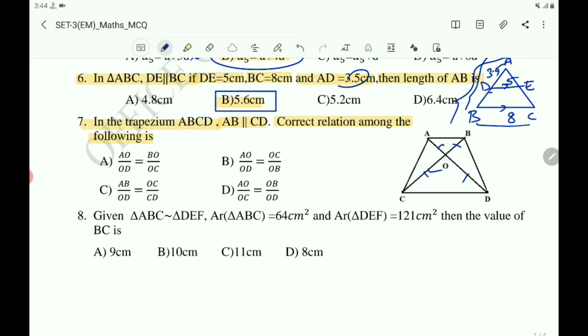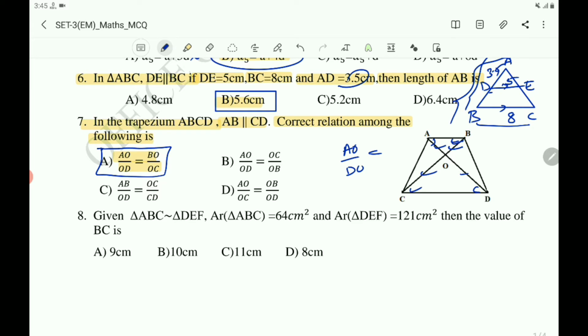You know that these two triangles are similar. These two angles are equal. If you take AO by DO, AO is opposite to angle B and CO is opposite to angle C, which are equal angles. Then naturally you will get the sides opposite to the equal angles, BO by CO. So option A is the answer.